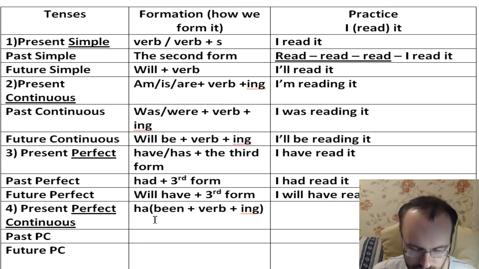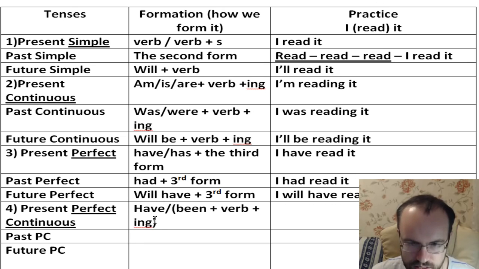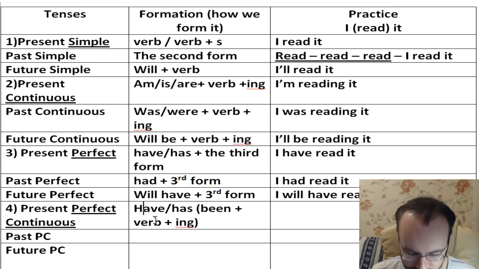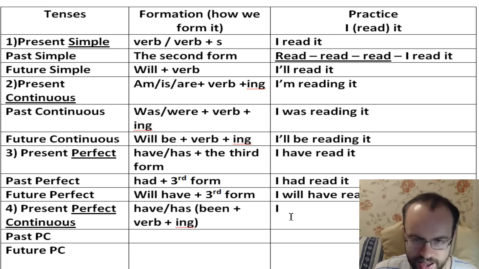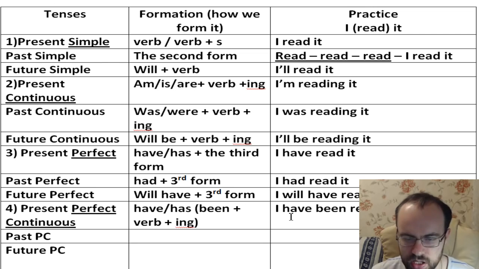So it's have or has plus been plus verb plus ing. You'll say I have been reading it, or you can say I've been reading it. It's a short form.